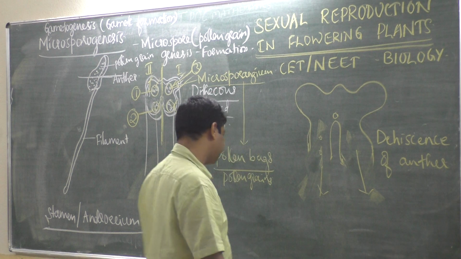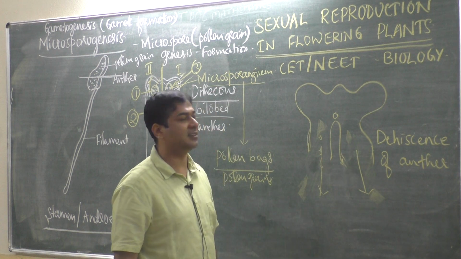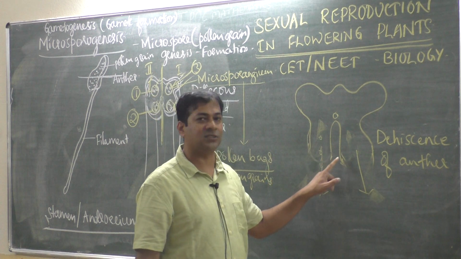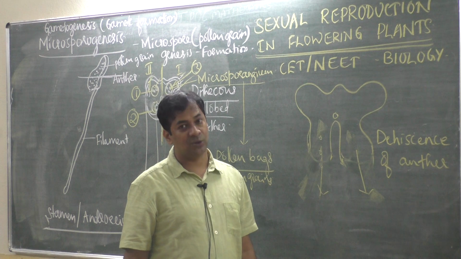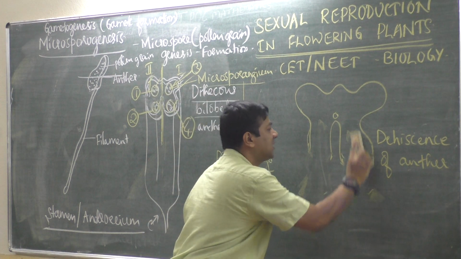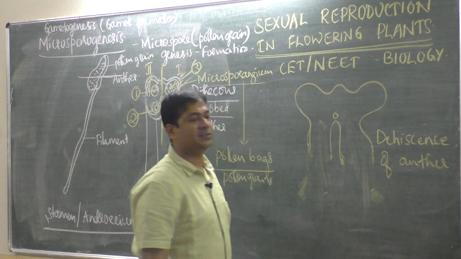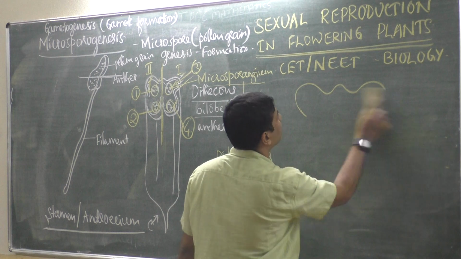So when they ask you to draw the cross section of a young anther, you should draw a closed structure. When they ask you to draw a mature anther, you have to draw the open one, which has space here. You can see that in the textbook. Anyway, I will draw that diagram now.